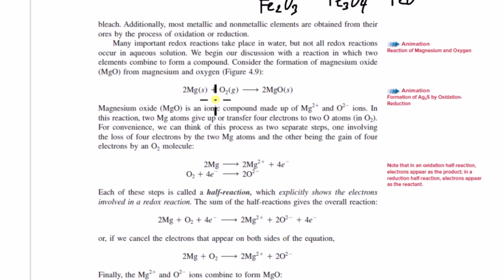For any reaction in aqueous solution involving ions, no matter what kind of reaction it is, you can construct the ionic and net ionic equations. But again, the half reactions are separate from the ionic and net ionic equations, and they just apply to redox reactions. For any redox reaction, you can construct the half reactions, and so we're going to also construct these half reactions for the redox reactions in aqueous solution.